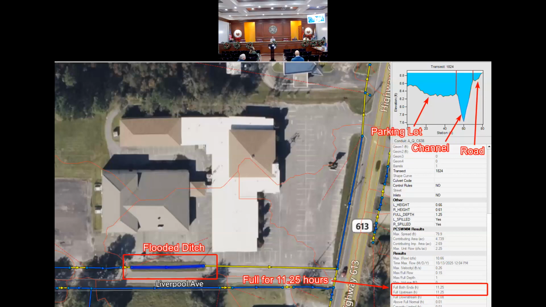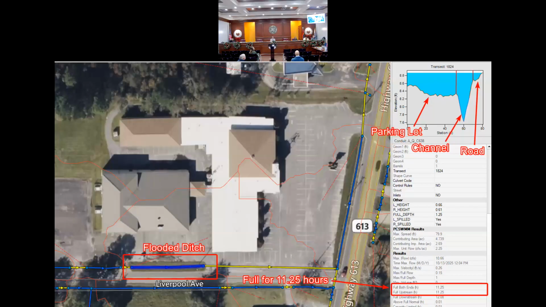And from the image, you can see that the cross section is full. There's a little bit of a quirk with the software that it shows a little bit of a white gap between the blue and the top right, but this cross section is completely full. If you look down to the right, you can see that it says full both ends for 11.25 hours.